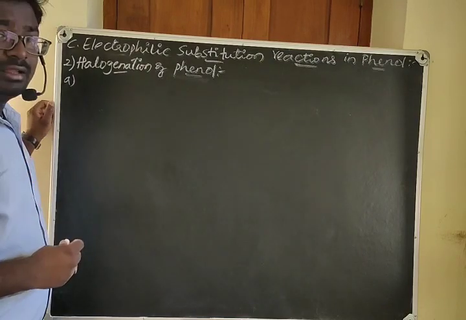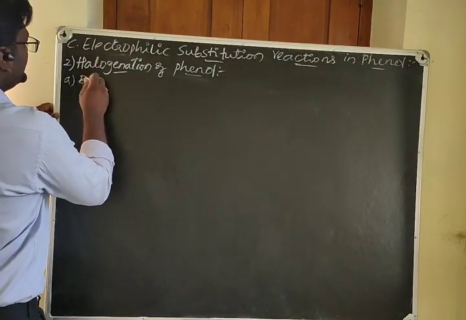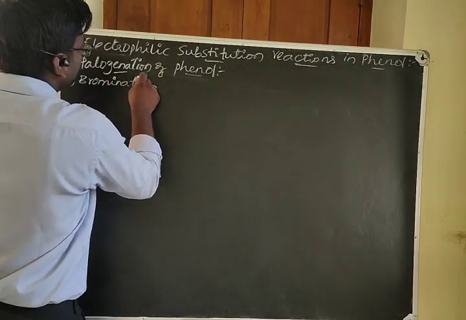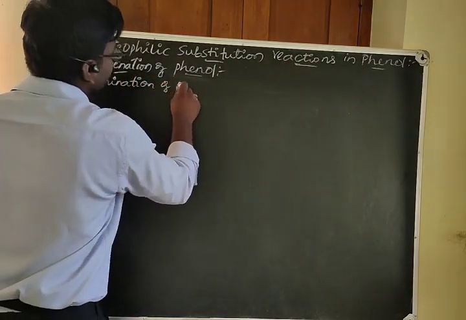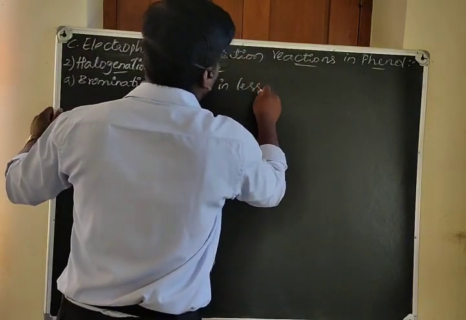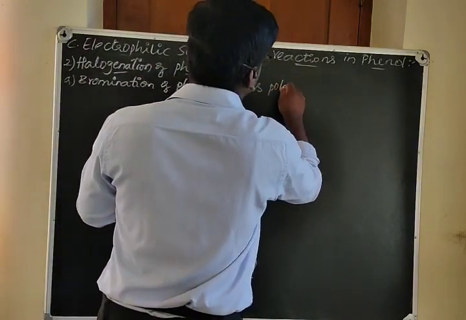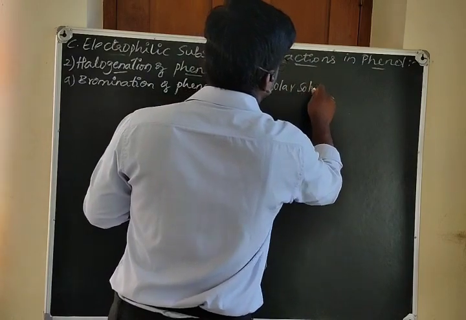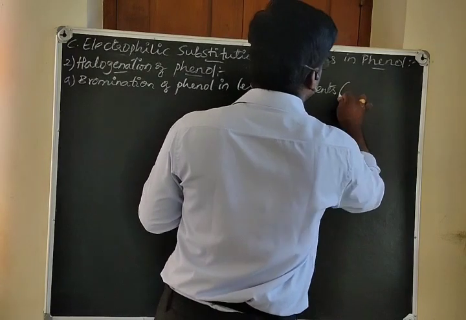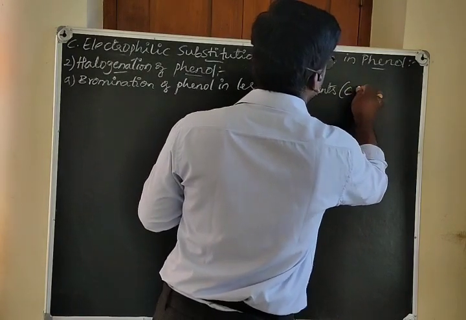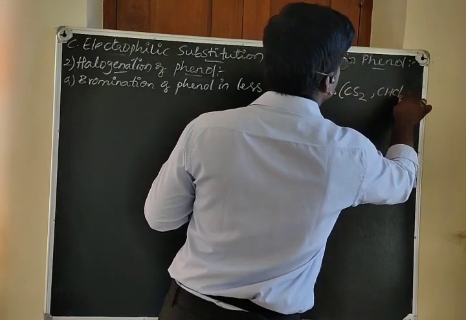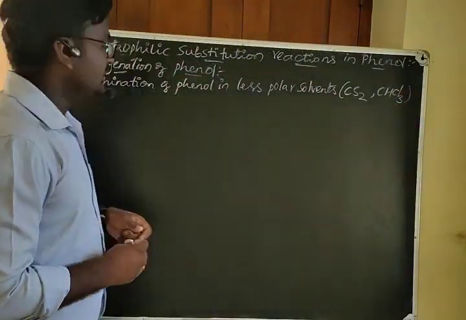The bromination of phenol in less polar solvents like CS2, carbon disulfide, or chloroform, that is CHCl3.